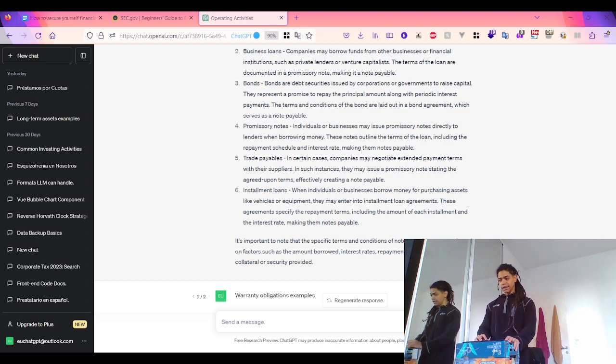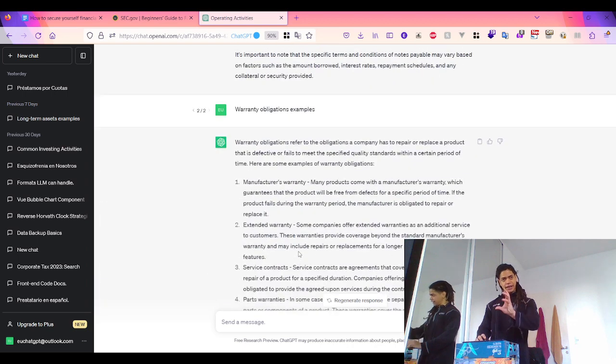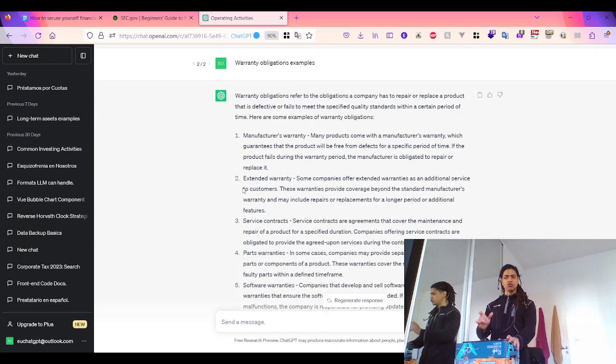So with that, which is something I need to dedicate time to learn about, there is also the warranty obligation, which is an obligation that a company has to fix or replace a defective product or a product that doesn't meet certain quality standards. You have manufacturer's warranty, service, software, parts, vehicle.